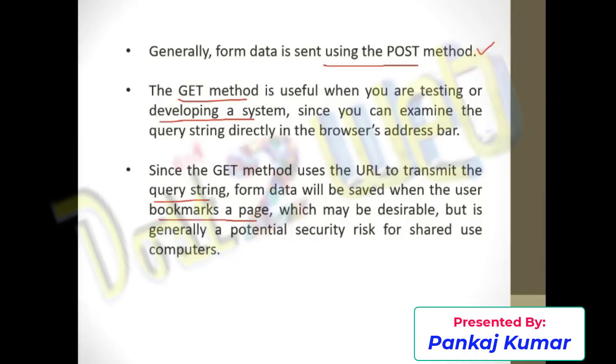When you hit the submit button, next time I don't want to go to Google every time, I'll just use the bookmark, select it, and it will open. So if you bookmark the page, the next time you open it, it will be visible to the user. Anyone who opens it will be able to see your data.